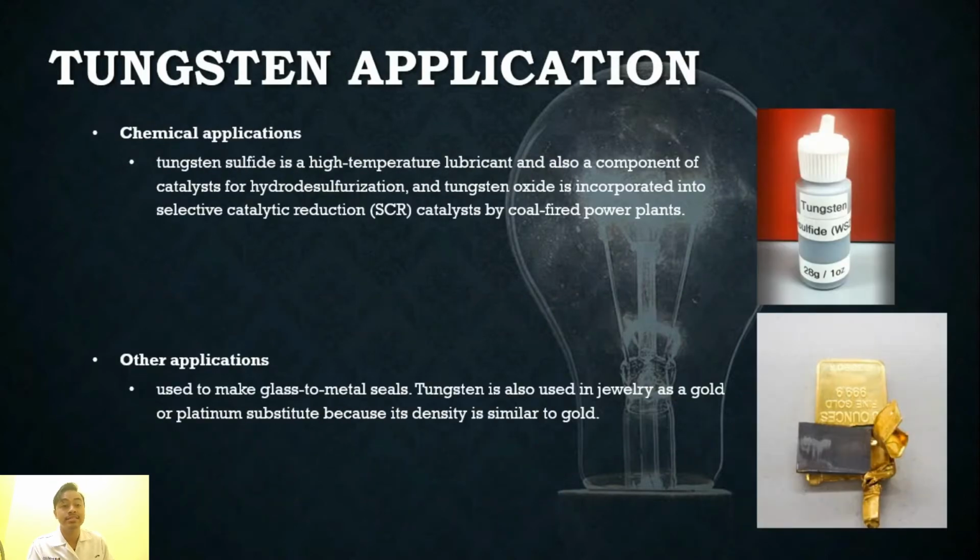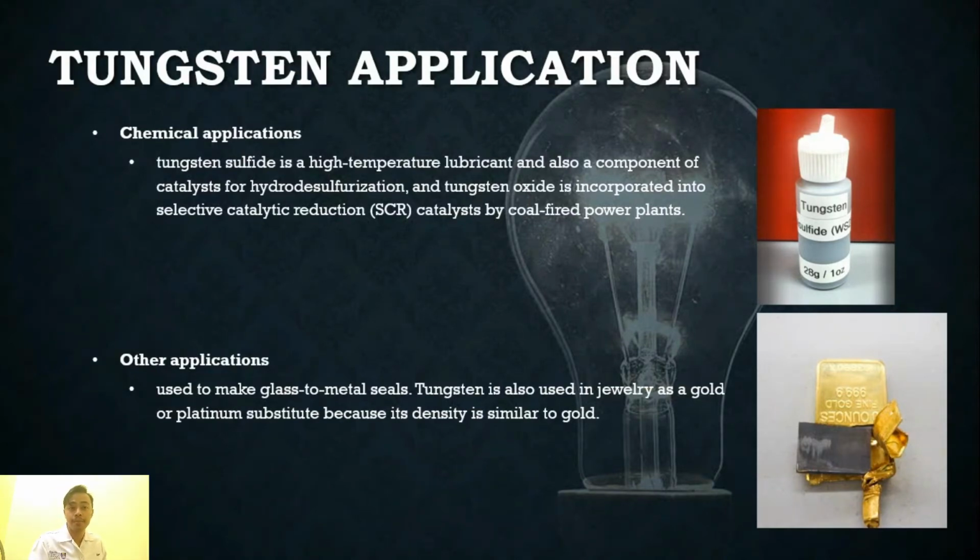Next is chemical application. Tungsten sulfide is a high temperature lubricant and also a component of catalysts for hydrodesulfurization, and tungsten oxide is incorporated into selective catalytic reduction, known as SCR, catalysts for coal-fired power plants.